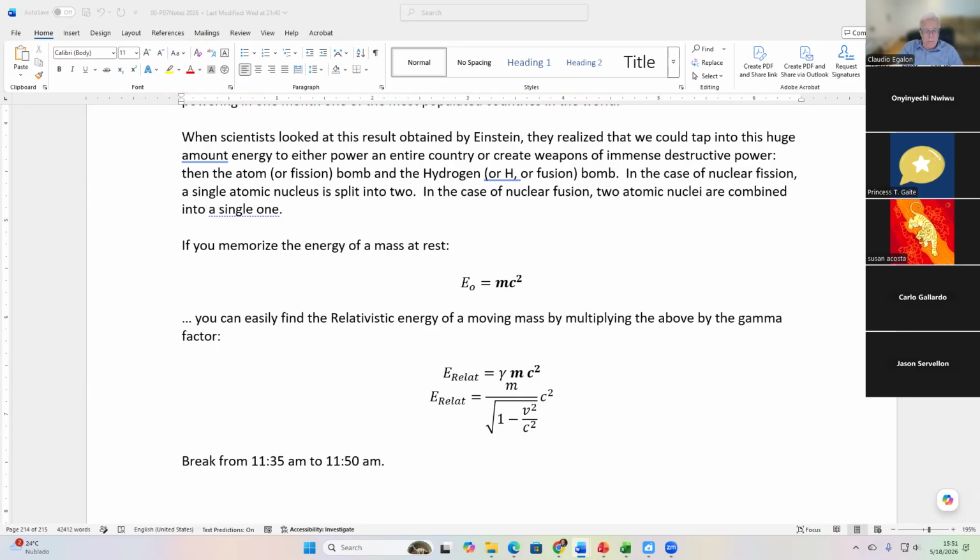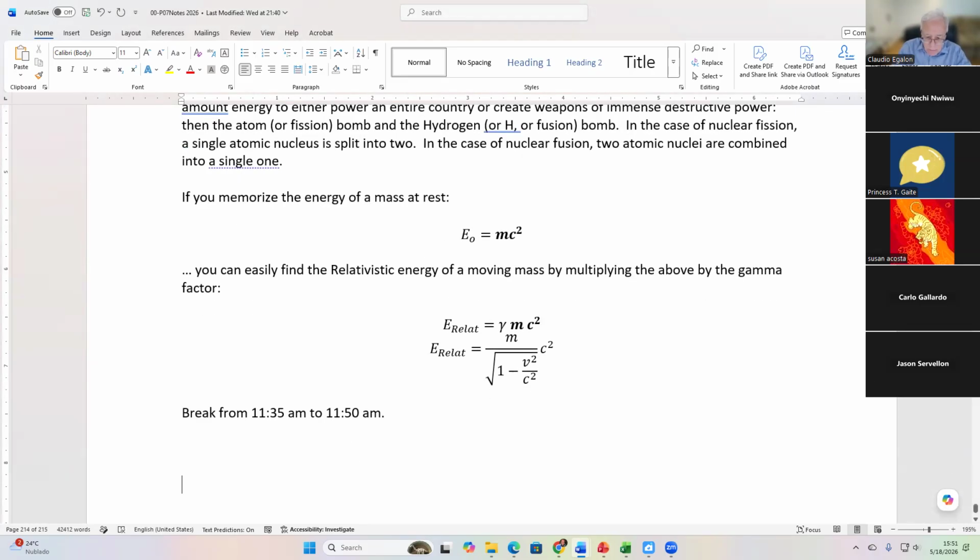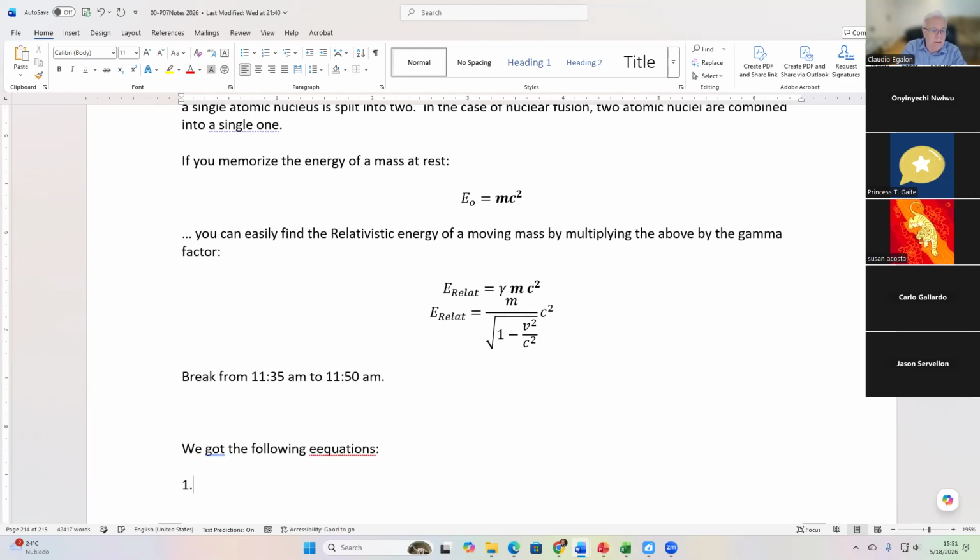Okay, so we got the relativistic... what we have so far, right? We got the following equations. One, the equation for relativistic momentum.